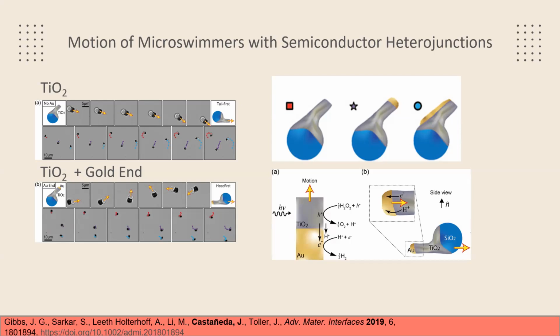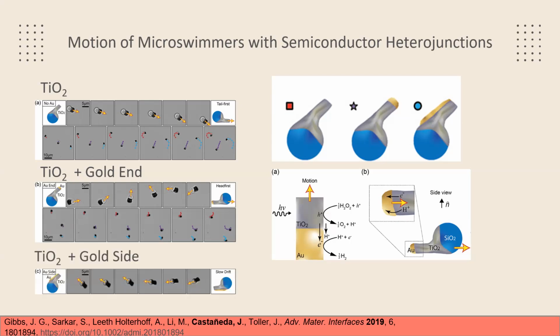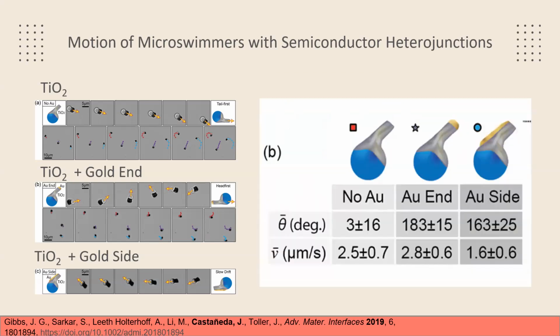So if I'm able to switch directions by adding it to the tip, by adding that side gold part, I'm adding sort of a drifter. I saw that directionality change, but I also saw a velocity change of about 1 micron per second by adding that drifter. So I was also able to change the speed as well as the direction by adding another metal to my microswimmers.